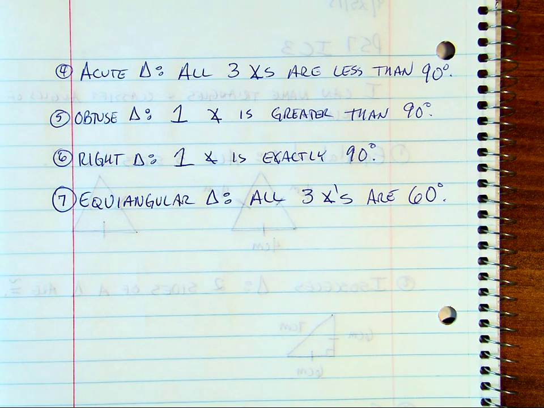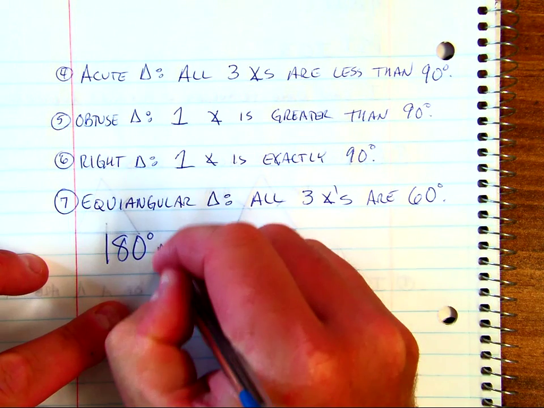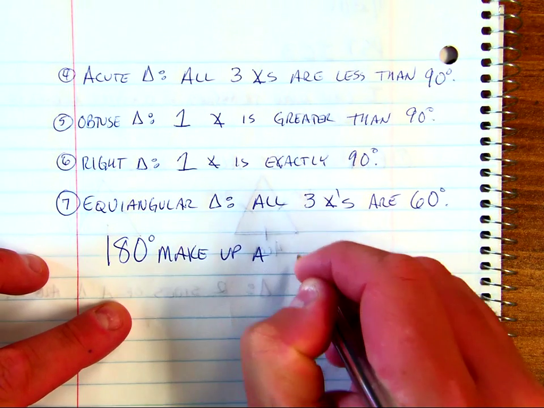All right, math students, here we go. If a triangle has three angles and all three angles are 60 degrees, how many degrees are in a triangle, Nathan? Come on, accelerated math student. 180. Right. 180 degrees make up a triangle.